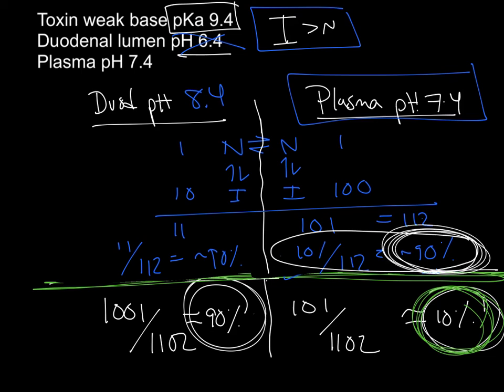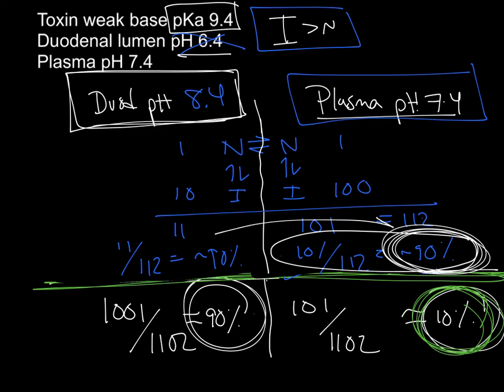So by increasing the duodenal pH, bringing it closer, more alkaline for this weak base by using an antacid drug, we have actually now increased the proportion of this toxin that gets absorbed. So again, if this patient had eaten 100 milligrams, and 100 milligrams got down into the duodenum, then 90 milligrams of that will have made it into the plasma, and only 10 will be left sitting in the duodenum.